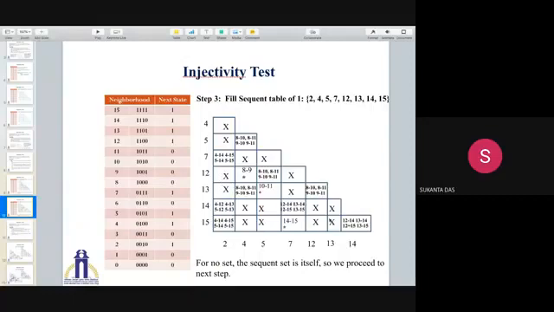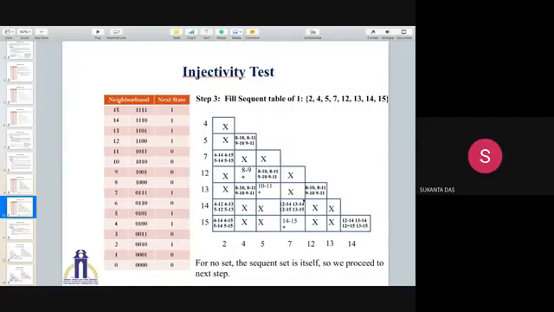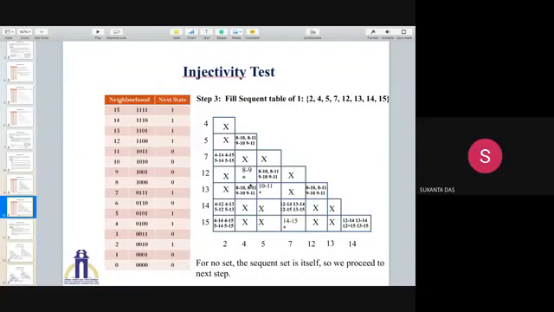If in this set you find 2 and 12 or 2 and 13, you cross it out. Let me check. Do you have 2 and 12 or 2 and 13 here? No. So 2 and 12 is already crossed out, because I put an X here. So if it appears as a sequence set against any alpha beta, then that 2 and 12 is crossed out.